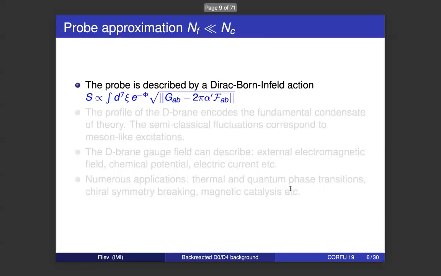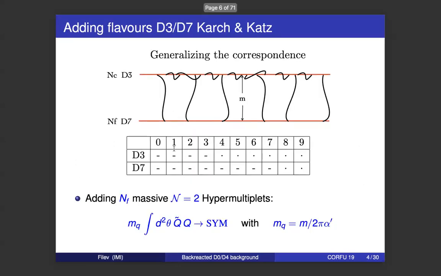Now, the way you study this in the context of AdS/CFT, and that's one way, of course, not the only way, is you imagine that the D3 branes, if you place many of them on top of each other, backreact and form the D3 brane geometry.